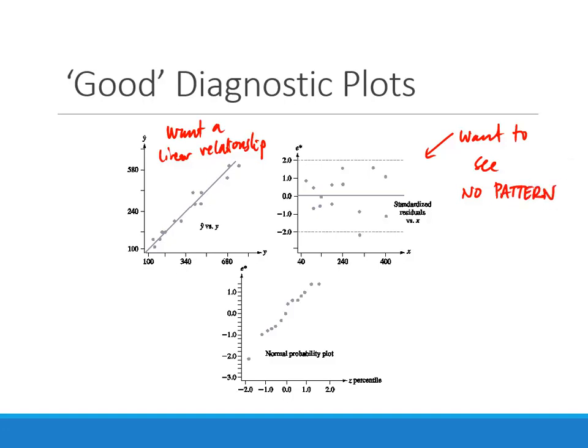And then finally, at the bottom there, we have a normal probability plot. And so again, what this plots is the standardized residuals against their standard scores to see if we have that nice linear relationship that we want to see there.